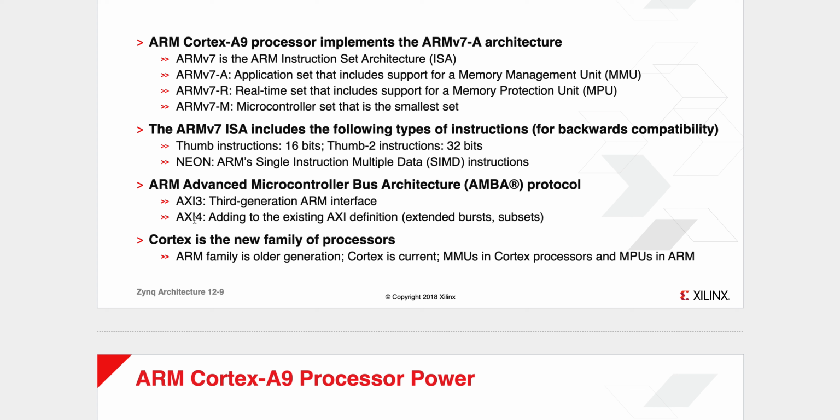Then we have a Cortex. A Cortex is a new family of processors. The ARM Cortex processors are a newer generation with advanced capabilities as compared to the ARM processors.